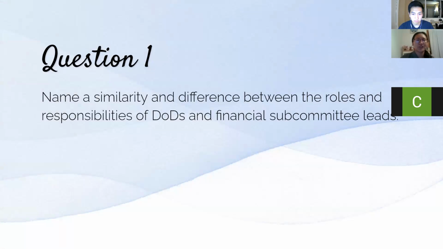So we have our first question. Name a similarity and a difference between the roles and responsibilities of DoDs and financial subcommittee leads. I'll give everyone a minute to answer, and if you finish, just type in chat so I can see, please. Thank you.